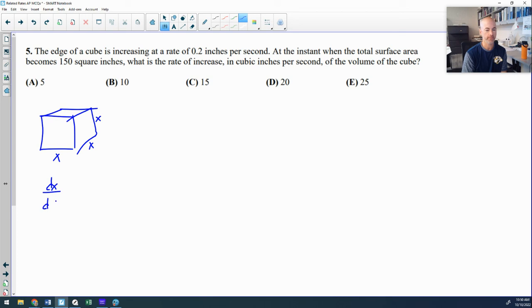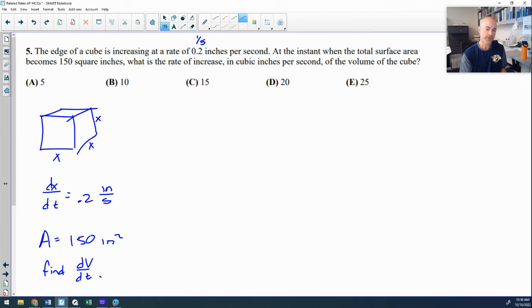The edge length is increasing at 0.2 inches per second, and I may end up converting that to fractions. At the instant when the total surface area is 150 square inches. So when the total surface area is 150 inches squared, what is the rate of increase in cubic inches per second of the volume? So I'm trying to find dV/dt.